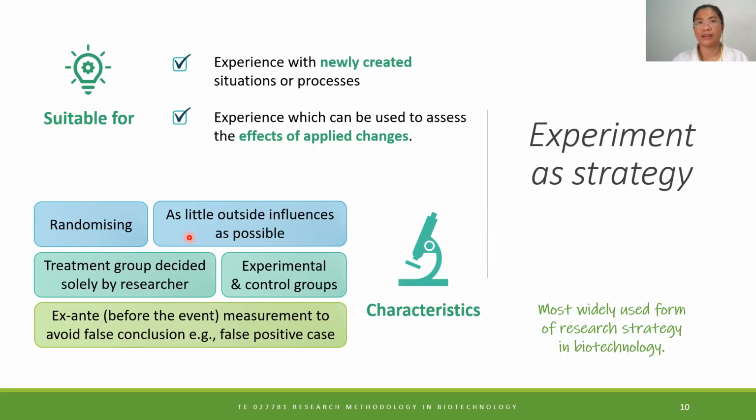It means you have to have the same microorganism, the same pH, the same media and that type of thing, so that you can control that the change only happens from the factor you are varying. So that means as little outside influence as possible. You have to keep this in mind every time you design any experiment: what you want and what you should control.